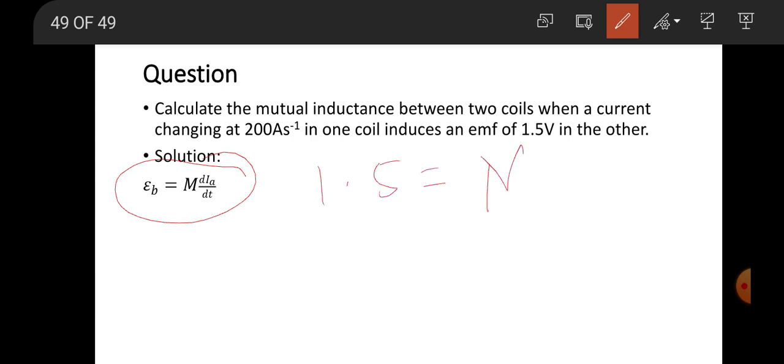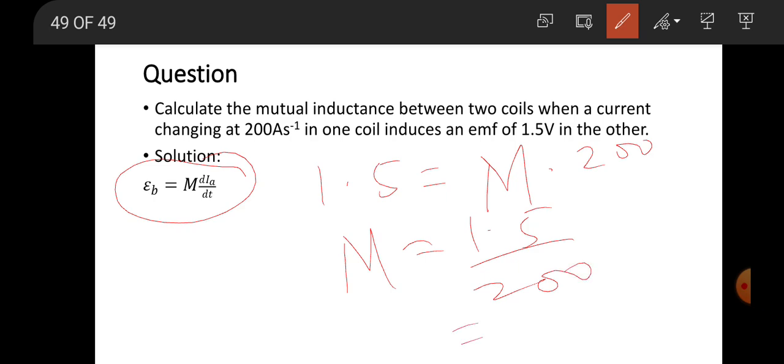We are looking for the mutual inductance. The rate of change of current is already 200 amperes per second. So that means M now will be 1.5 divided by 200. If we do 1.5 divided by 200, we're going to get 0.0075 Henry.